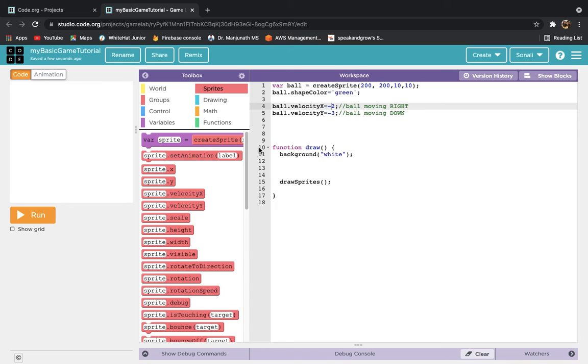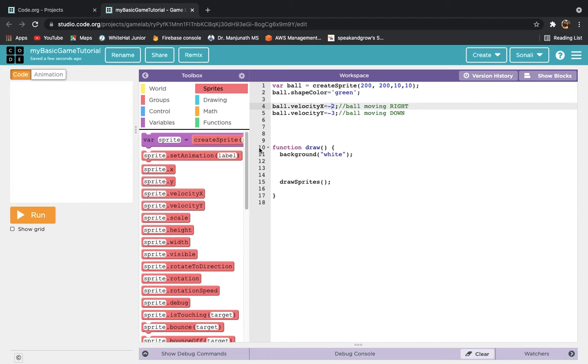Okay, so now the questions. Question 1 will be, which is the property you will find that sets the movement of a sprite. Question 2 is, how to write the syntax to move the ball towards any direction.